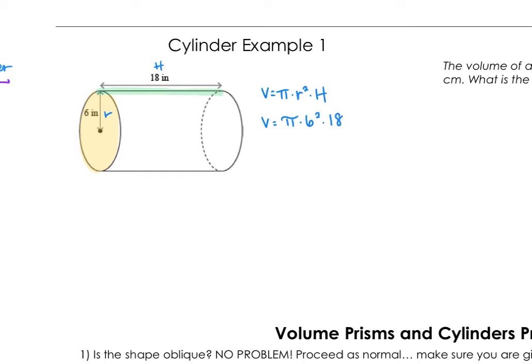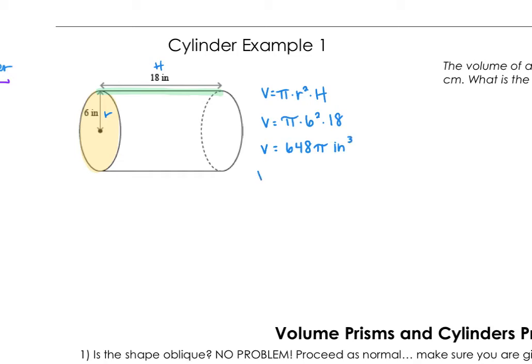So remember, with any problems involving circles and pi, I do want you to give two answers. I want you to leave your answer in terms of pi, but I also want you to get the approximate answer when you multiply by 3.14. So to get my answer in terms of pi, we ignore the pi and just work with the numbers. So 6 squared is 36, and 36 times 18 is 648. So my answer in terms of pi is 648 pi inches cubed.